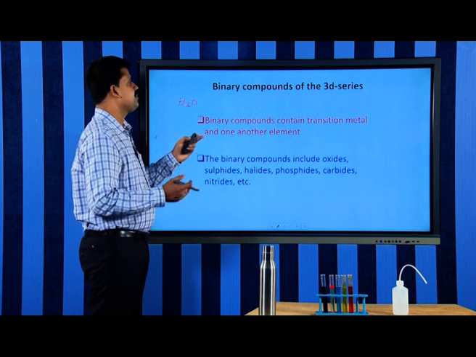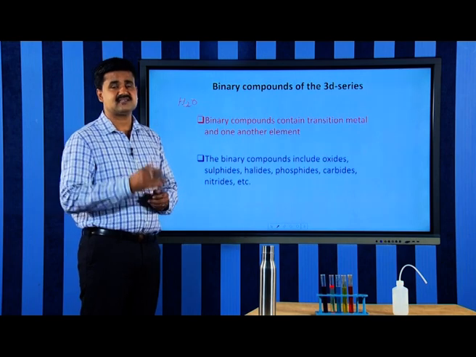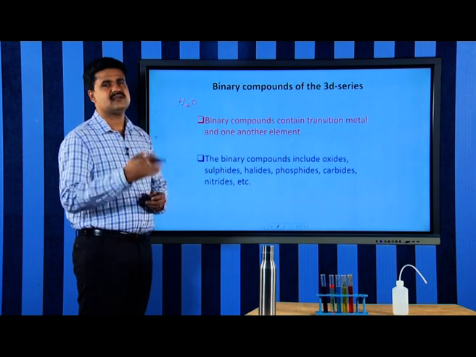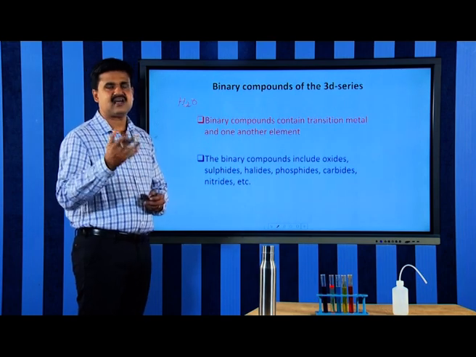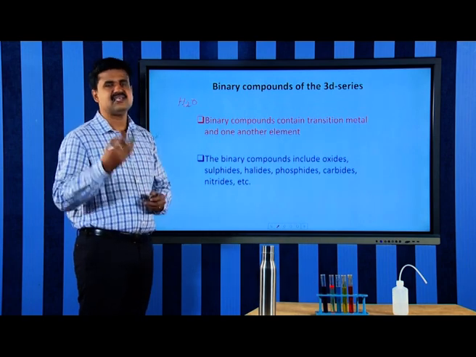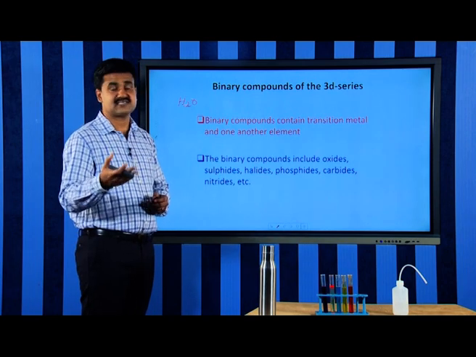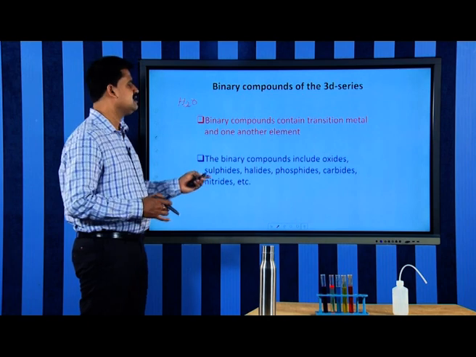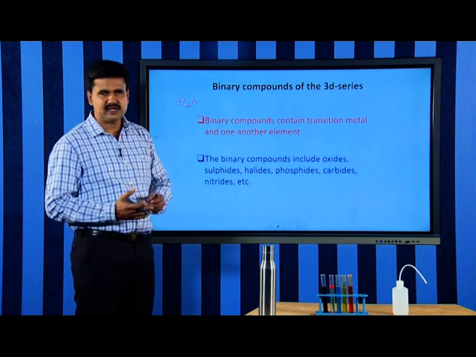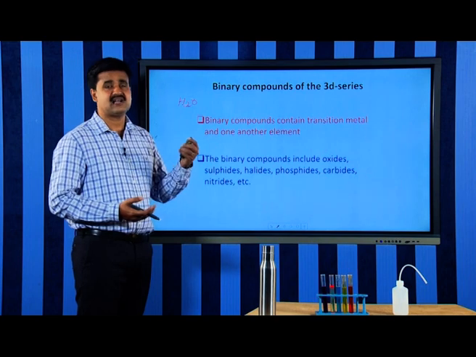In the case of binary compounds, along with the transition metal, some other elements are also present, like oxygen, sulfur, halogen, etc. If oxygen is present, we will get oxide. If sulfur, we will get sulfide, and so on. The common binary compounds of 3D series of metals include oxides, sulfides, halides, phosphides, carbides, etc.